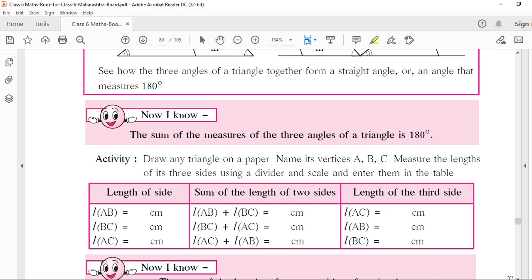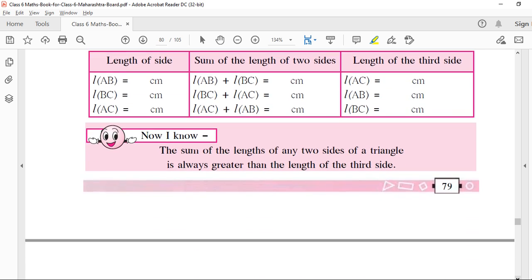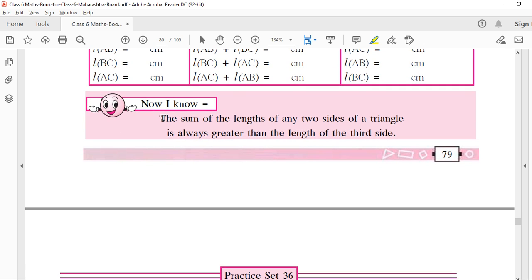Okay, now let us see what we have next. Now there is one more property.